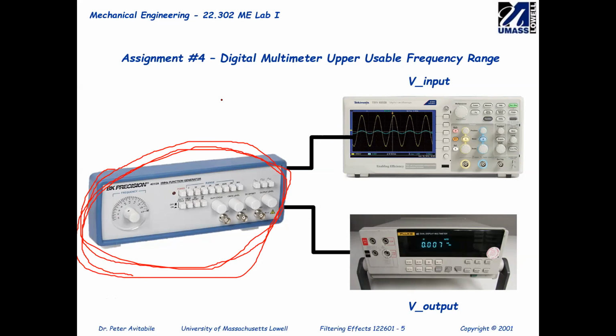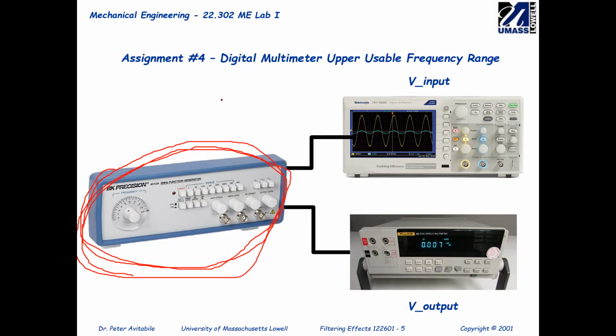I'm going to continue reading. The 3 dB down point can then be determined by plotting the ratio of the measured voltage, V output, to the input voltage, V input, in dB versus log frequency, period. The frequency at which the ratio drops by 3 decibels is the 3 dB down point, also called the cutoff frequency.